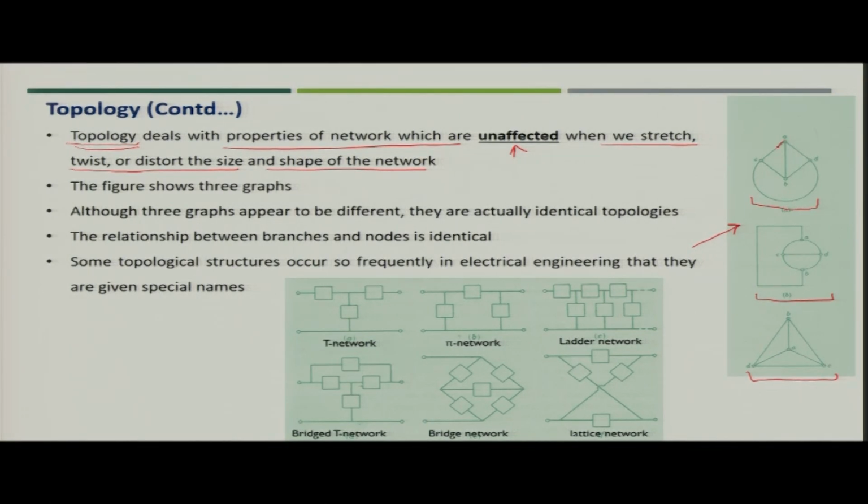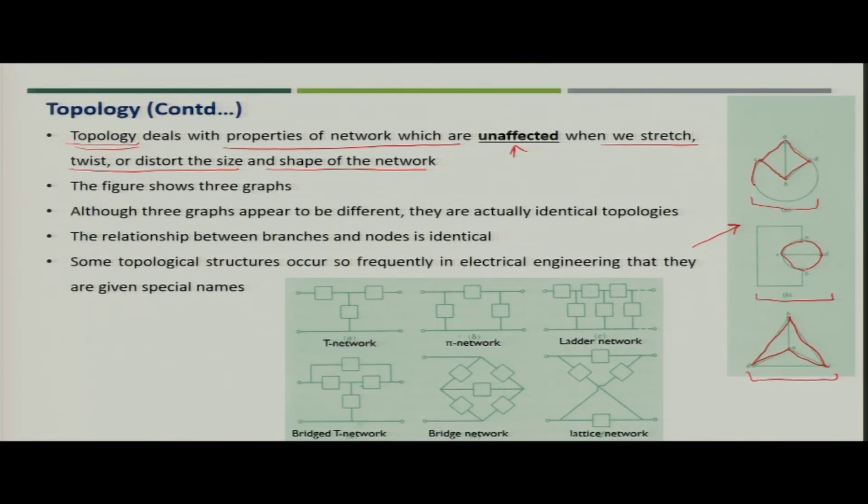Say in this example, A is connected to C here, and here, and here. A is connected to D in all three. C is connected to B in all three. B is connected to D in all three.